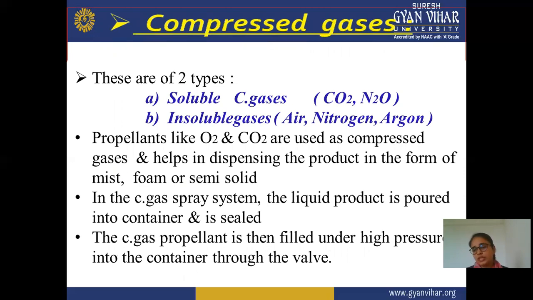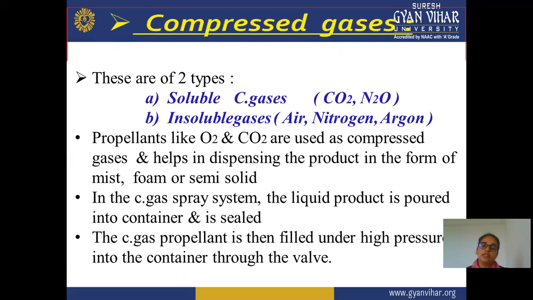Next, second is the compressed gas. Compressed gas is the second type of gaseous propellant. The previous one was further divided into three categories, and these compressed gases are divided into two parts: soluble gas and insoluble gas.